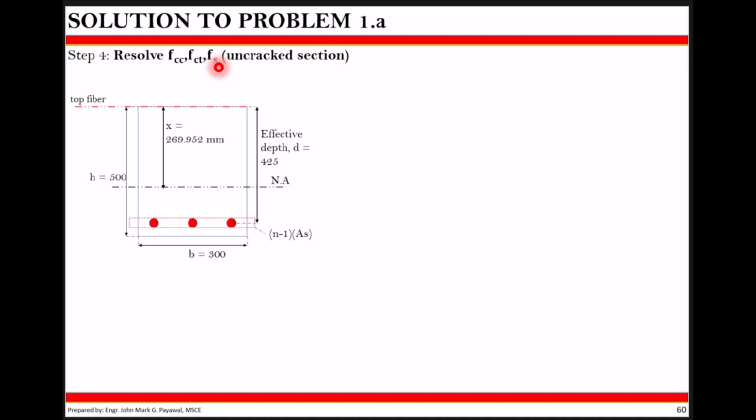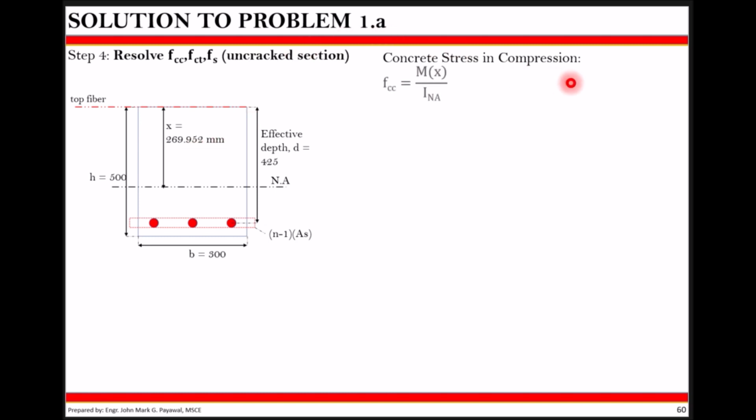So ito yung ating figure kanina, nilagyan lang natin ng mga values. This is 269.952. But again, we need to use exact values stored on letter B of your calculators if you followed the step-by-step procedure a while ago.